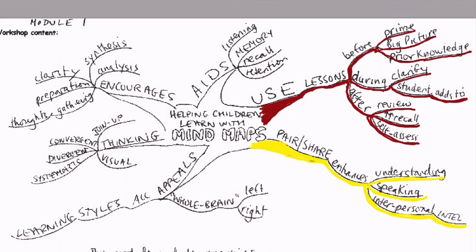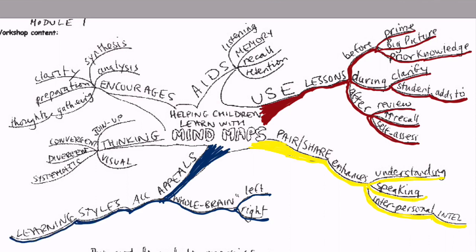Now, the beauty of helping children learn with mind maps is that the technique appeals to the whole brain, both left and right side. And it also appeals to all learning styles. So now, as I state elsewhere on some of my other courses, learning styles really aren't very scientifically underpinned.